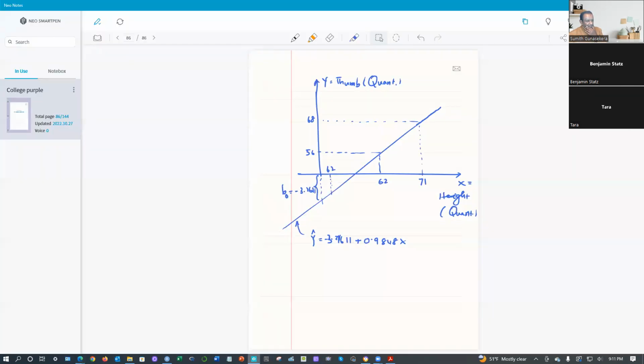In between, like that. There's no such thing as this 62.